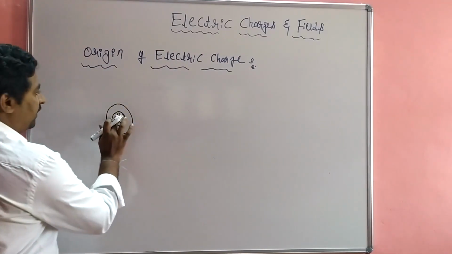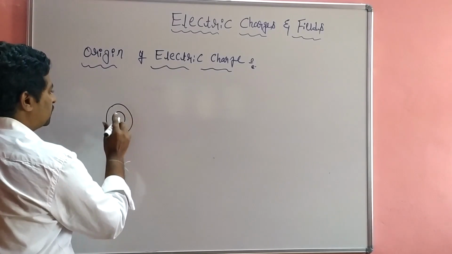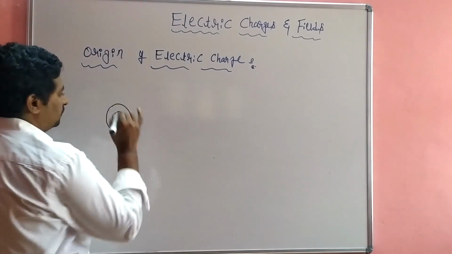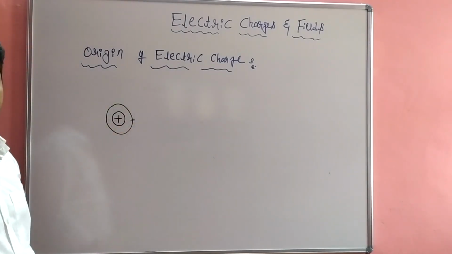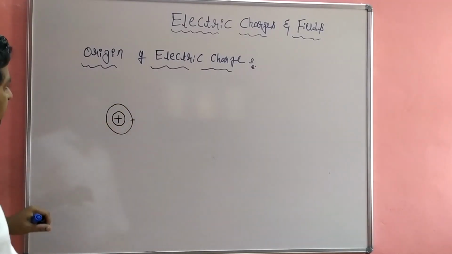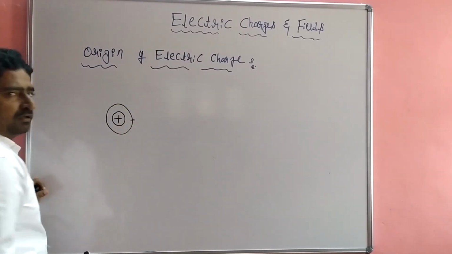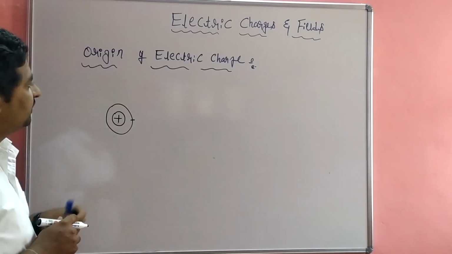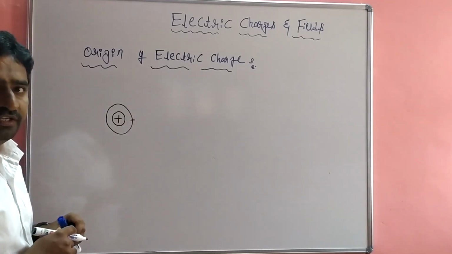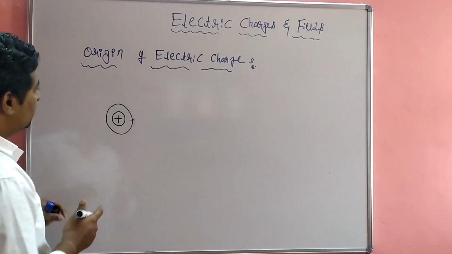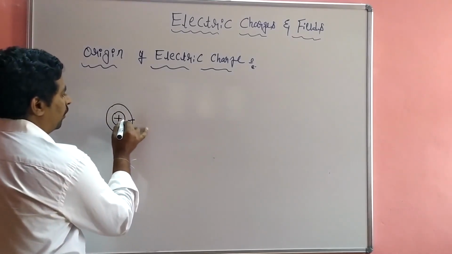The net charge of the nucleus is positive, and the electron is negatively charged. Unlike charges attract. When the distance is very small, the attractive force is very large, that is, distance is inversely proportional to the electrostatic force. So here the attractive force is more.